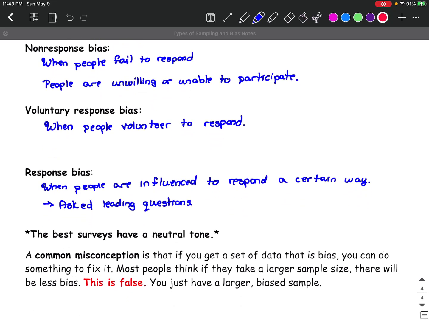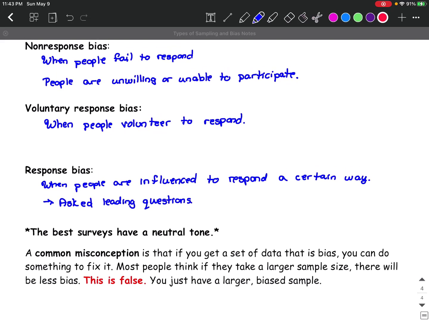And one more thing that I want to talk about is there's a very common misconception that if you have a set of data that is biased, okay, for instance, a response bias, you can do something to fix it. A lot of people think that if you just get more data, you get more answers, then there'll be less bias. That's not true. It is totally false. You just have a bigger biased sample.